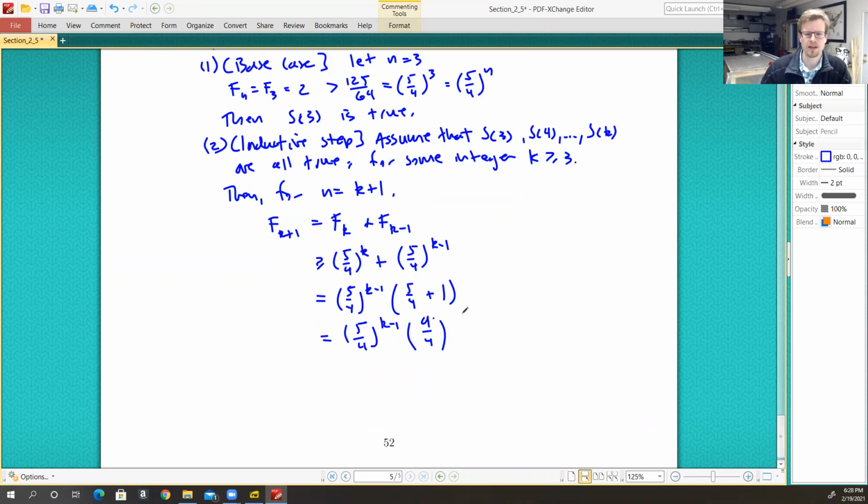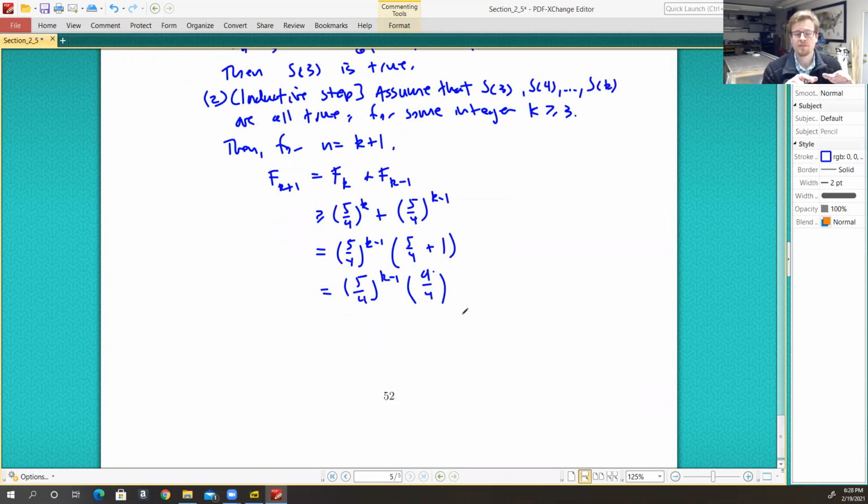And what I can do here is replace this with 5/4 squared. Can I do that? Yeah, I can. And of course, it's not going to be equality anymore. It's going to be an inequality. And I just have to make sure that inequality goes the right direction. Actually, I said 25/4.